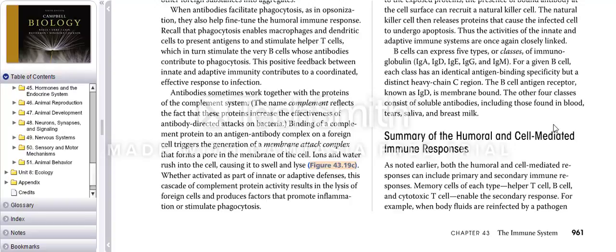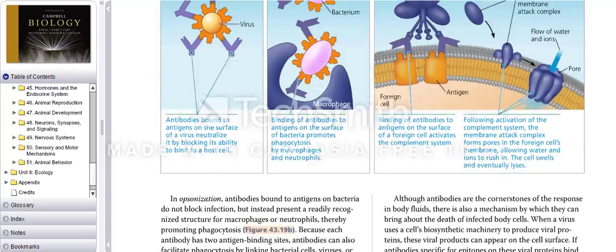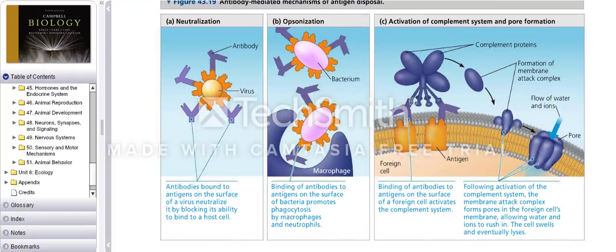Antibodies can sometimes activate this complement system, which forms pores in the cell membrane, and water and ions flow into the cell and make the cell so turgid that it breaks apart and is no longer functional. So the antibodies in this way can initiate apoptosis.